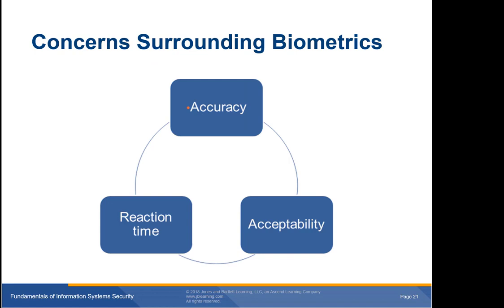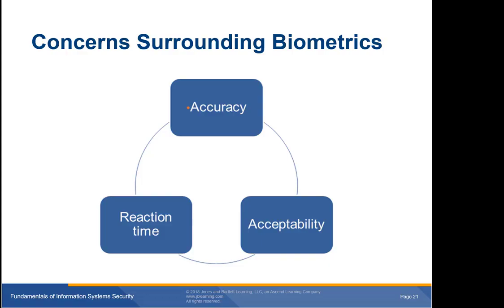There are 3 primary concerns with biometrics. First is accuracy. Biometric devices are not perfect. Each has at least 2 error rates associated with it. The false rejection rate, which we call FRR, is the rate at which valid subjects are rejected. We have another one called the false acceptance rate, which is FAR, and that's the rate at which invalid subjects are accepted. There's a trade-off between the FRR and the FAR.